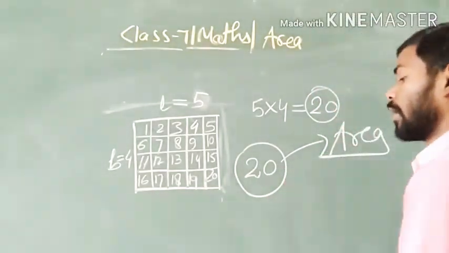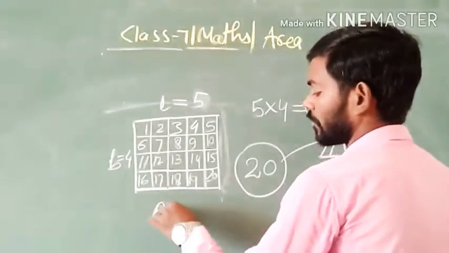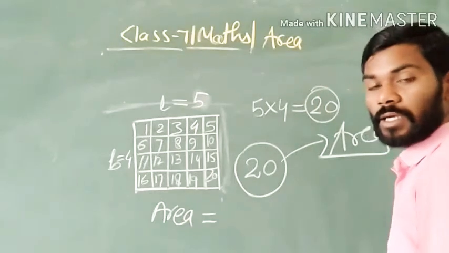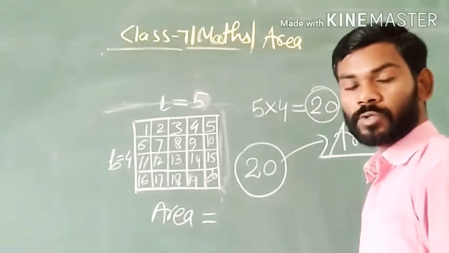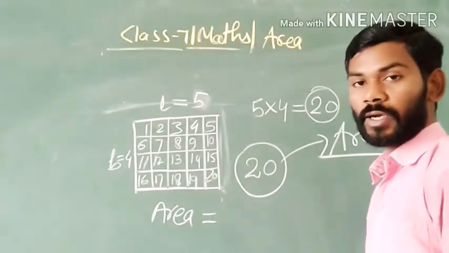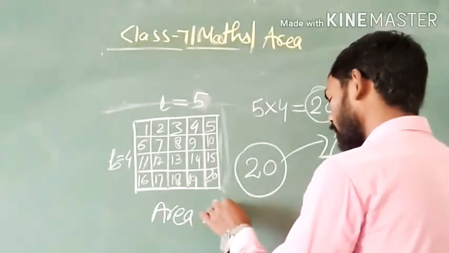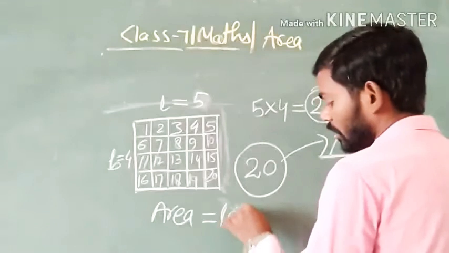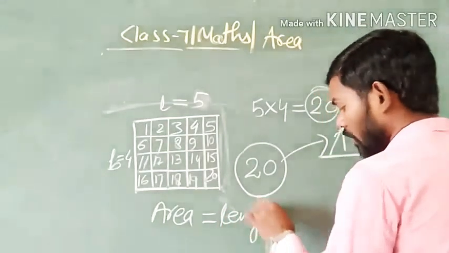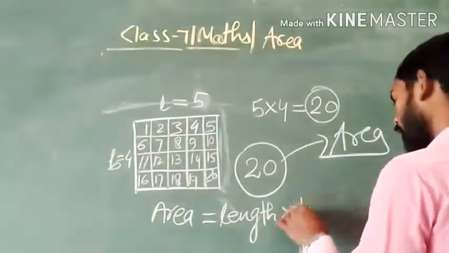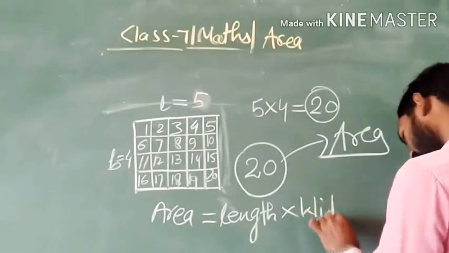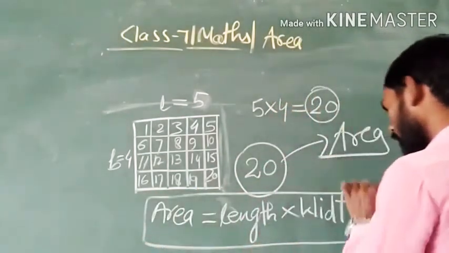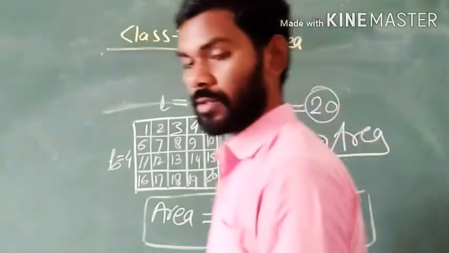So here a formula is derived from this concept: area is always equal to the product of length and width, the product of its dimensions, or you can say length multiplied by width. Area is equal to length into width.